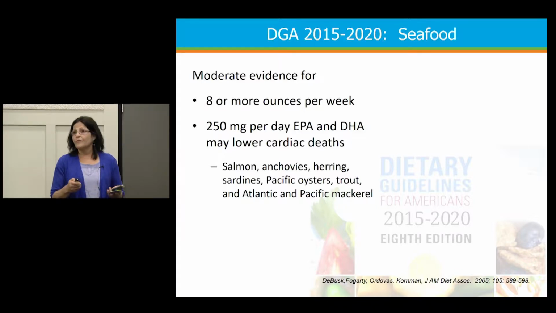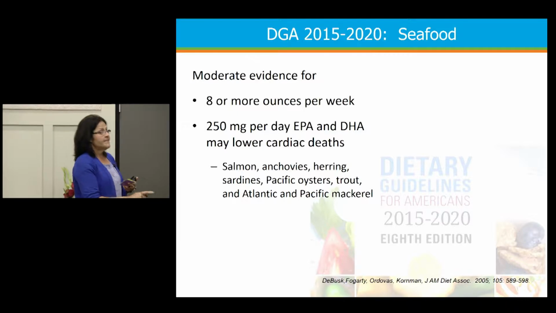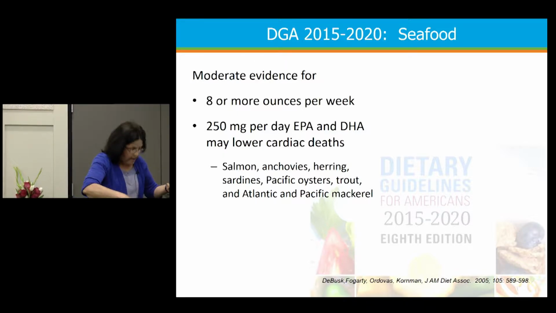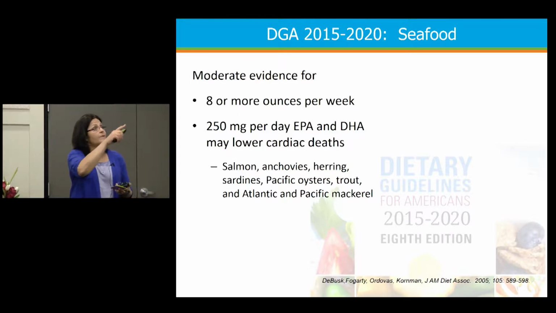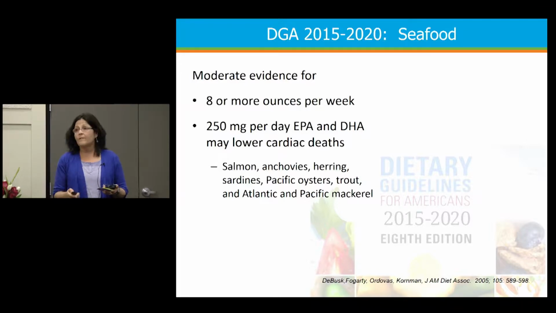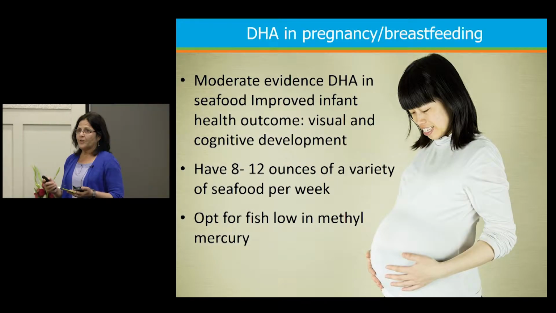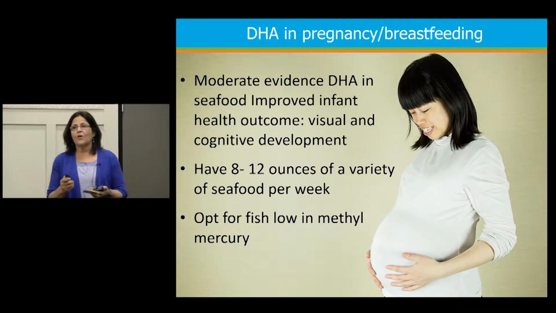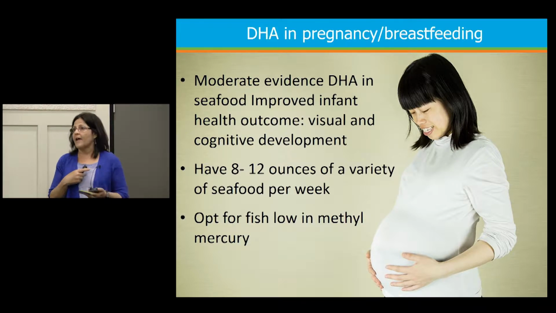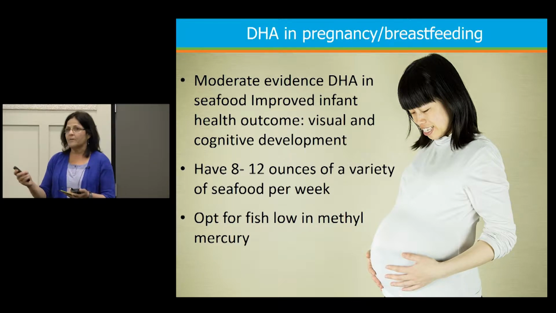So the type of foods that you find this in, salmon's a great source. Anchovies, herring, all the ones listed up here, trout. But then comes the problem with mercury. And so I know, for example, that at some nutrition education sessions in different health plans or in different hospitals, the RDs have been counseling, at least a couple years ago, against women consuming tuna.